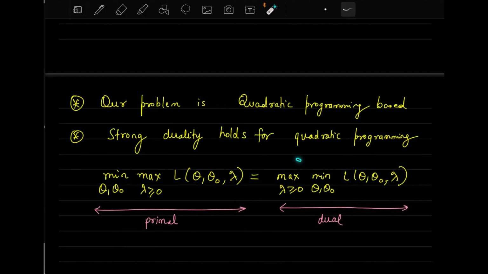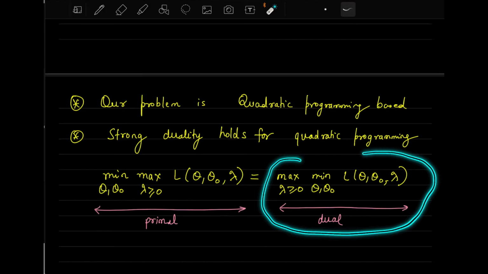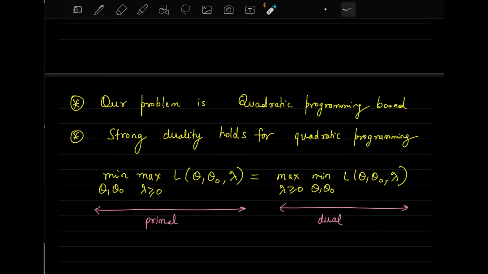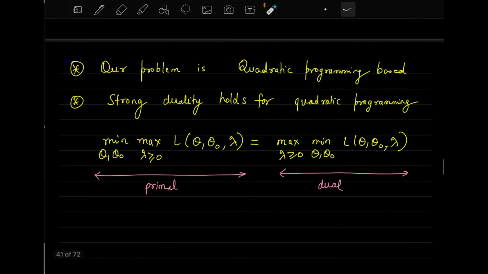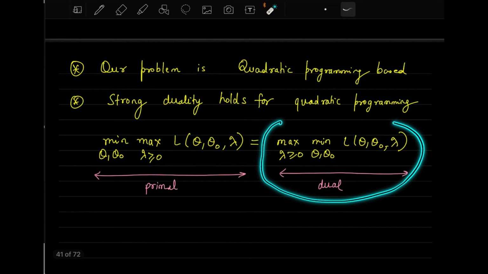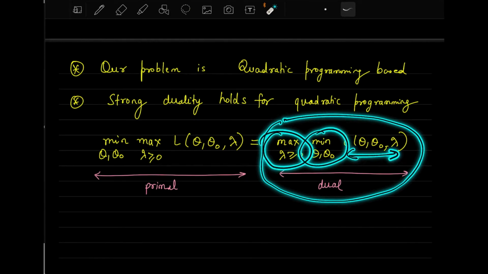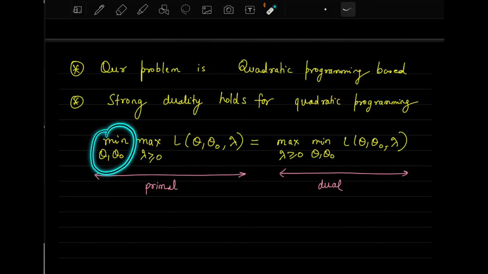Let us focus on this now, which is in the dual space. So now I will write max followed by min of the Lagrangian, and not min followed by max, as we can see that it is equal.